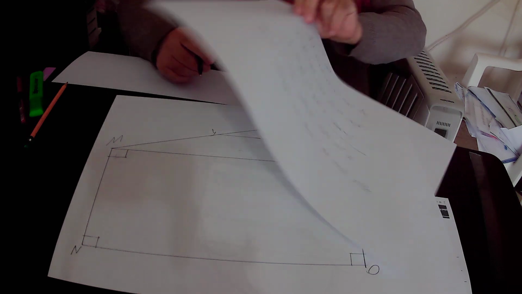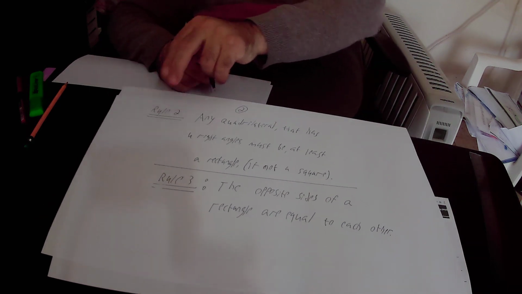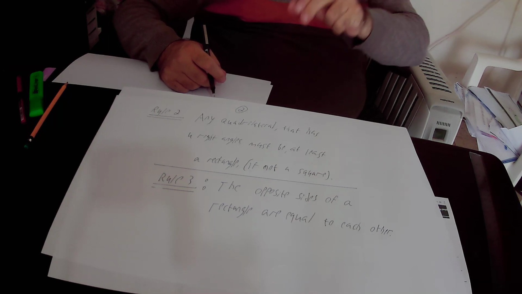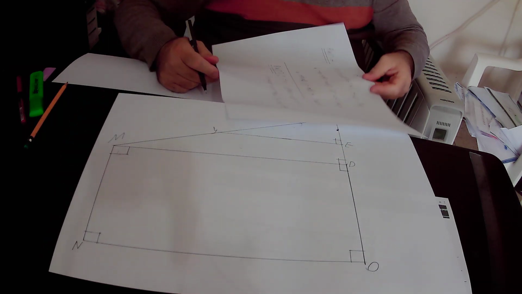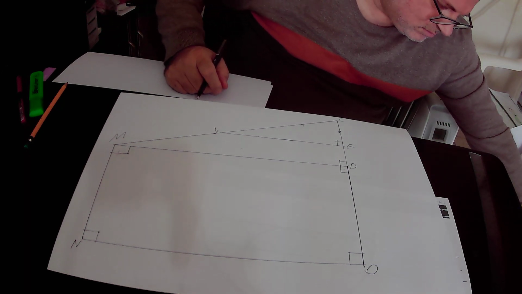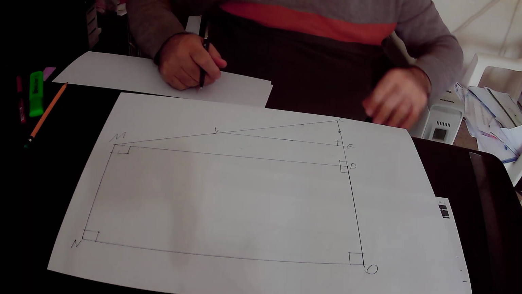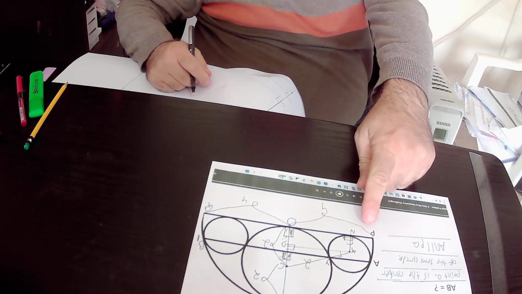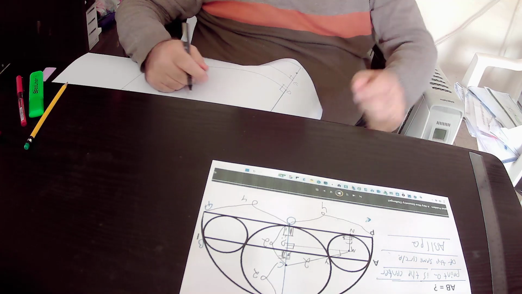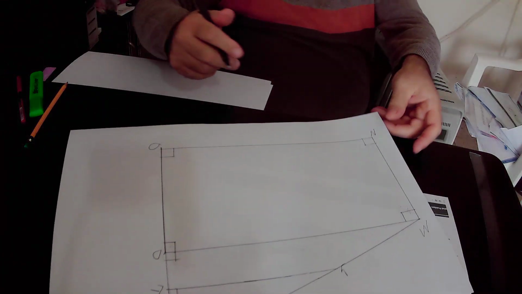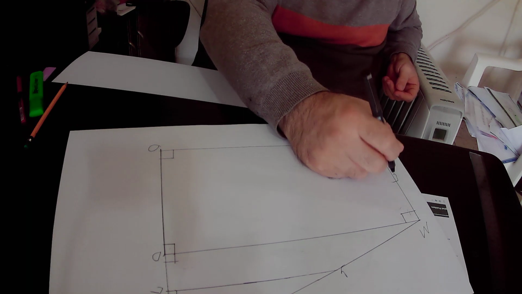I will read rule number 3 again. Rule number 3 states that the opposite sides of a rectangle are equal to each other. So here we know that MN is the radius of the small circle. That is to say, here MN equals R.